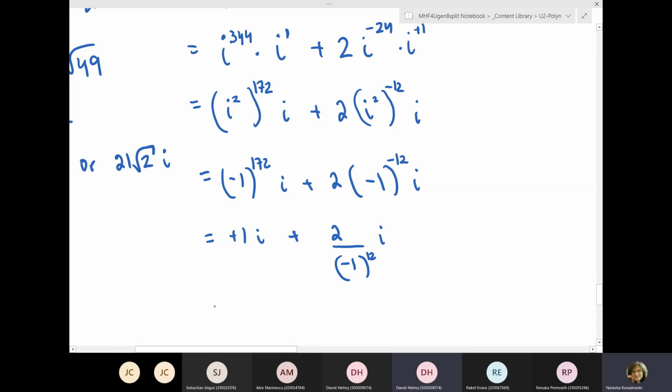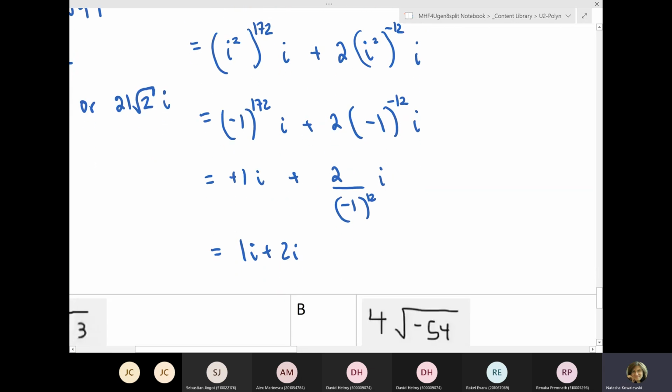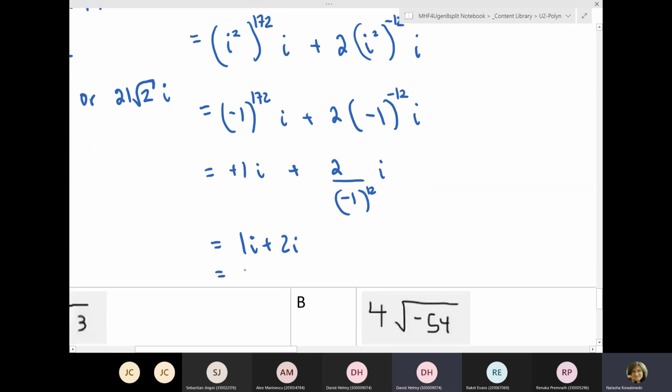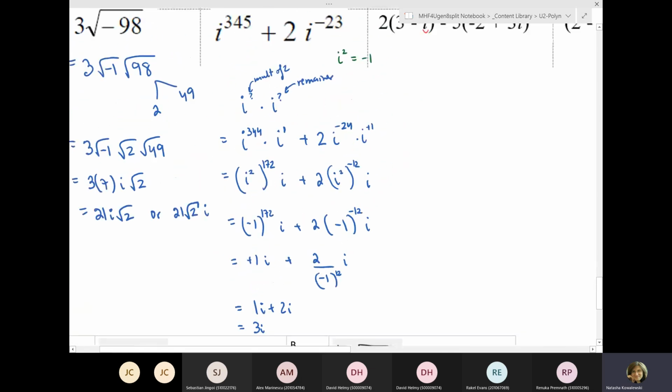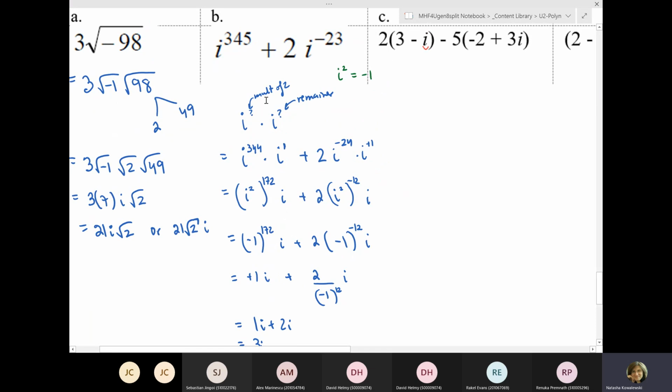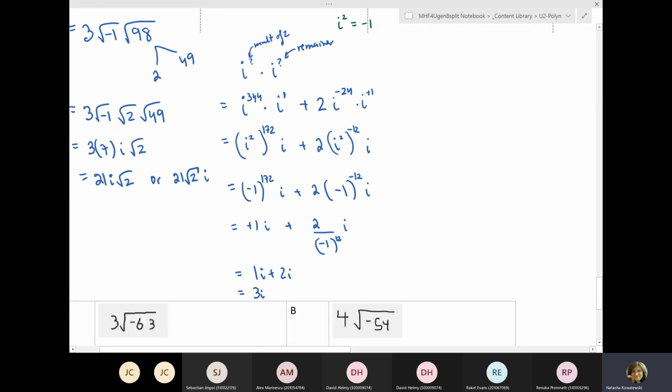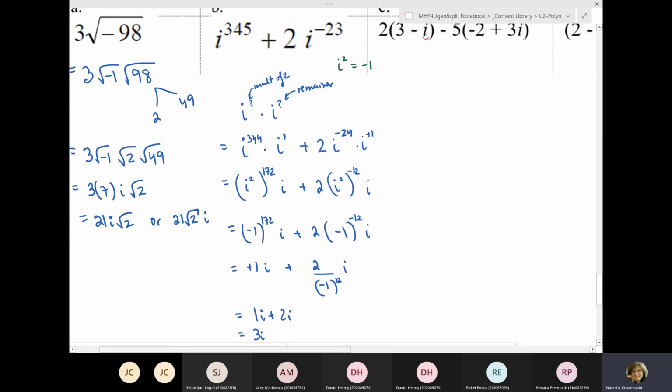Positive, so it would just be 2i. Yeah, so we'll have just 1i plus 2i. And what is 1i plus 2i in the end? 3i. 3i. So we got something that looked very complicated to be just a single complex number, or imaginary number, because it doesn't have a real part. But this is it for that question.